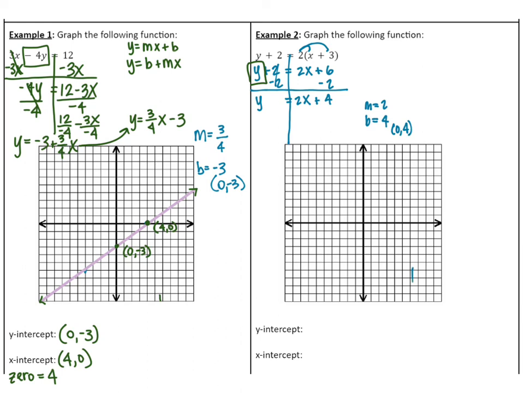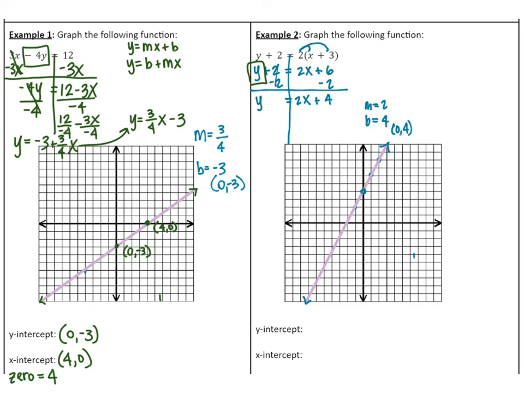So I'm going to plot that 0, 4 and use my slope to graph some more points. Up 2 over 1, up 2 over 1. Or I could go down 2 to the left 1, so to the right. Draw my line and my arrows, and then identify my key features.